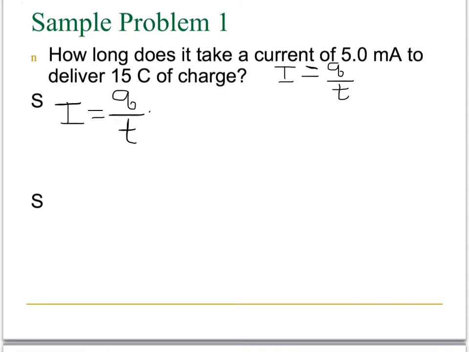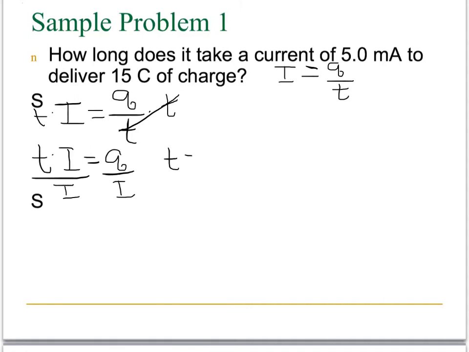So let's try and eliminate the fraction. If we multiply both sides by T, we get T times I equals Q. Then in order to get T by itself, we must divide by I. So T equals Q divided by I.